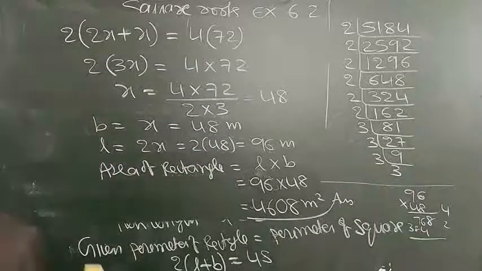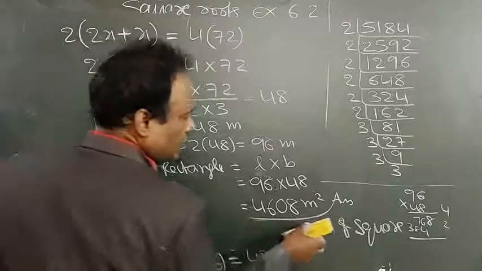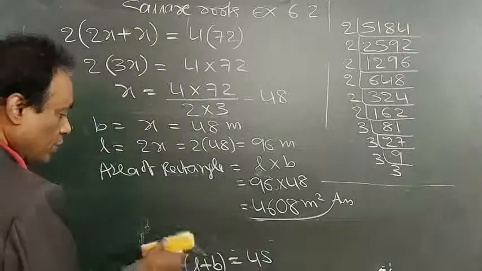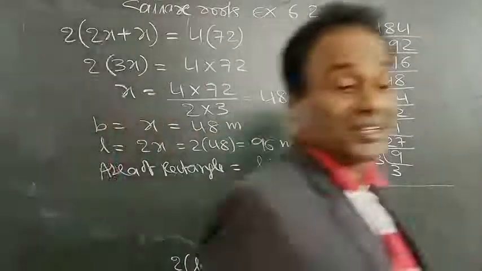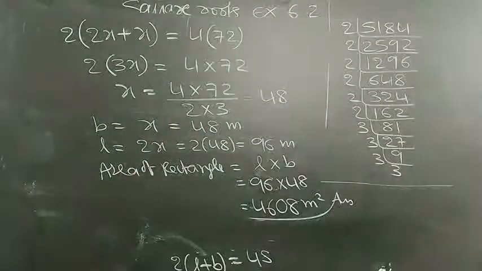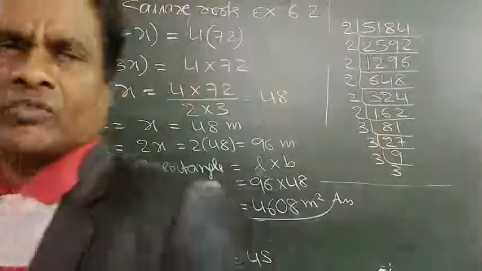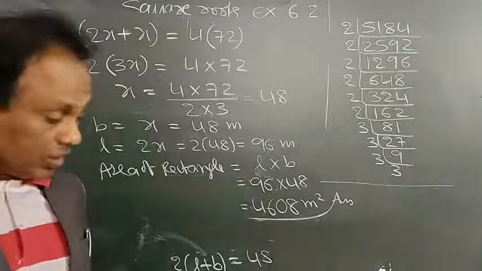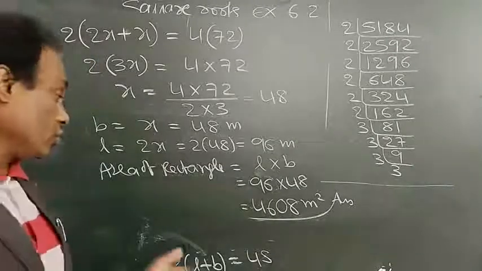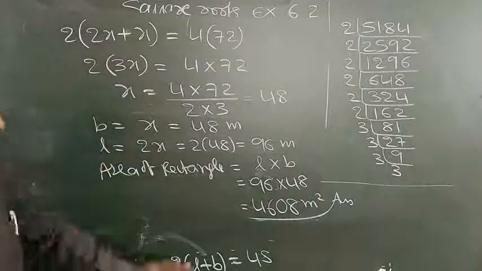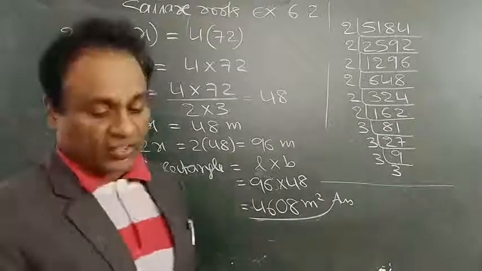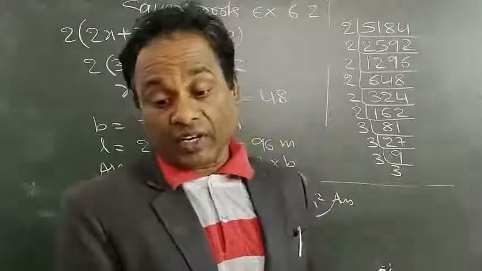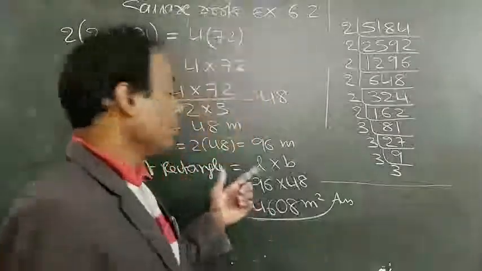So with this our exercise is over, and finding the square root by the factorizing method, the prime factors method, is completed. Very important problems we solved, and you practice difficult problems also. All theory questions and difficult questions, practice from this exercise, and in the next class I will start the next exercise, which is very important: finding the square roots by another method.